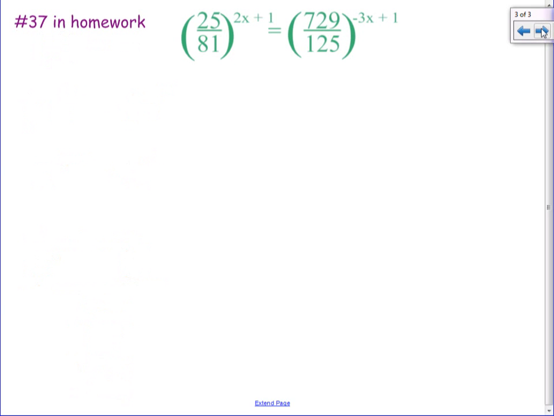All right. So this one right here, our first step is still going to be the same. So let's change every single number to its base number. Okay, so the numerator, the denominator, everything. So looking over here on the left, we're just focusing on the 25. What's the base number for that? Okay, over 3 to the 4th.